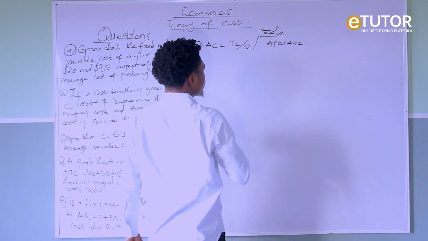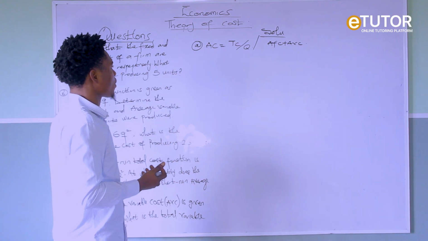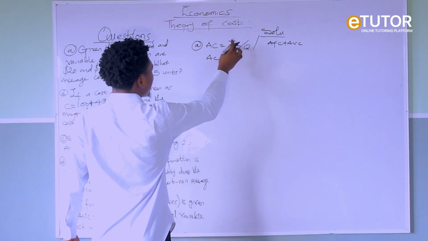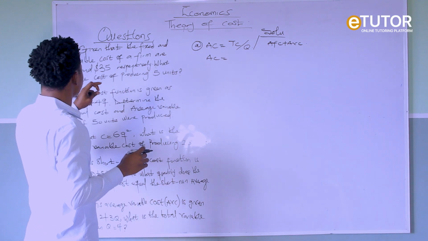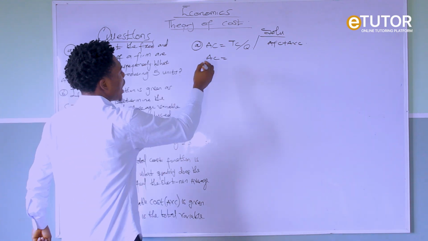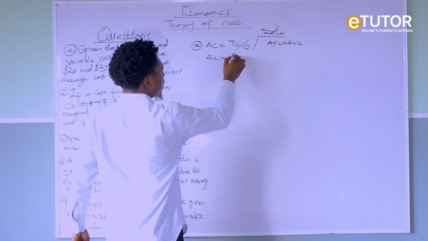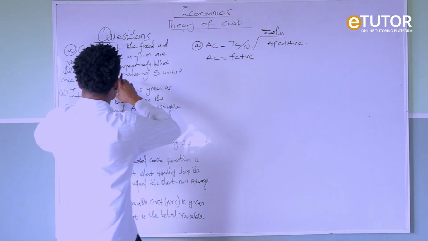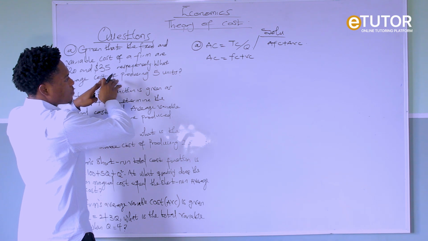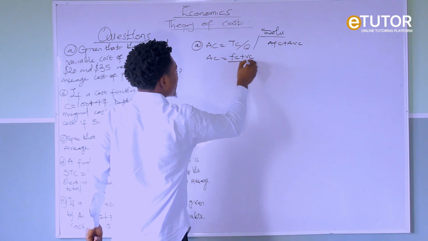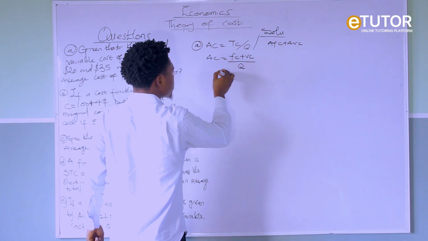I'm going to be using the two to get our answer. So our average cost is our total cost. Now what is our total cost? Our total cost is our fixed cost plus our variable cost, because we are not given our total cost, and we know that the formula for our total cost is fixed cost plus variable cost, divided by our quantity.